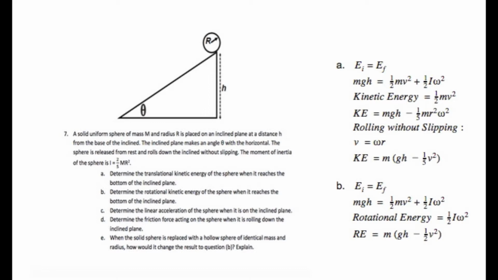Then we recognize that the rotational energy part of this is 1/2 I omega squared. Then we solve for the rotational energy, and we get that the rotational energy will be equal to mgh minus 1/2 mv squared.